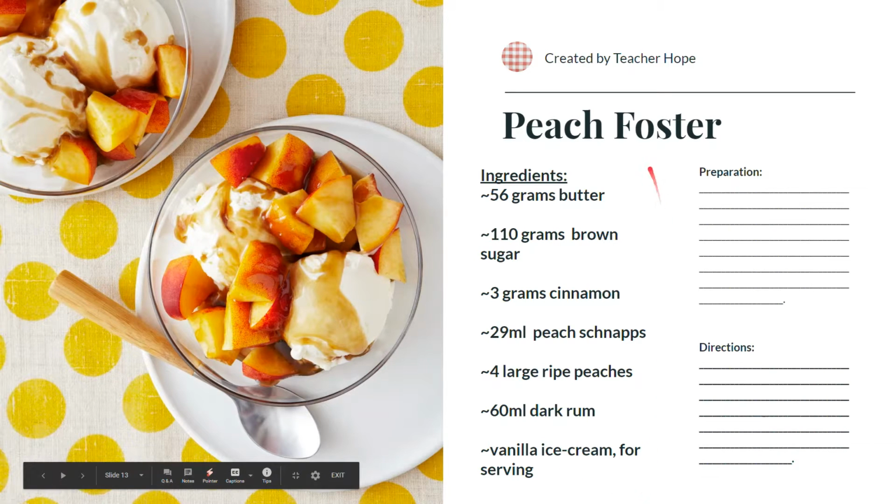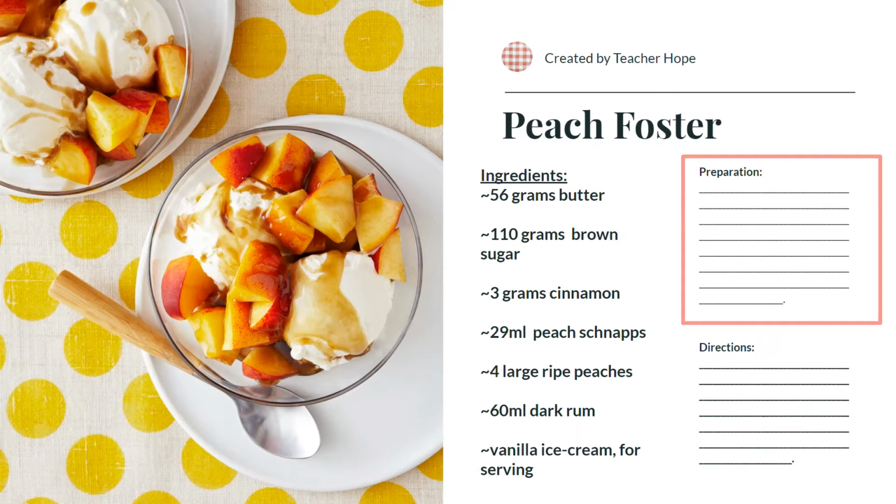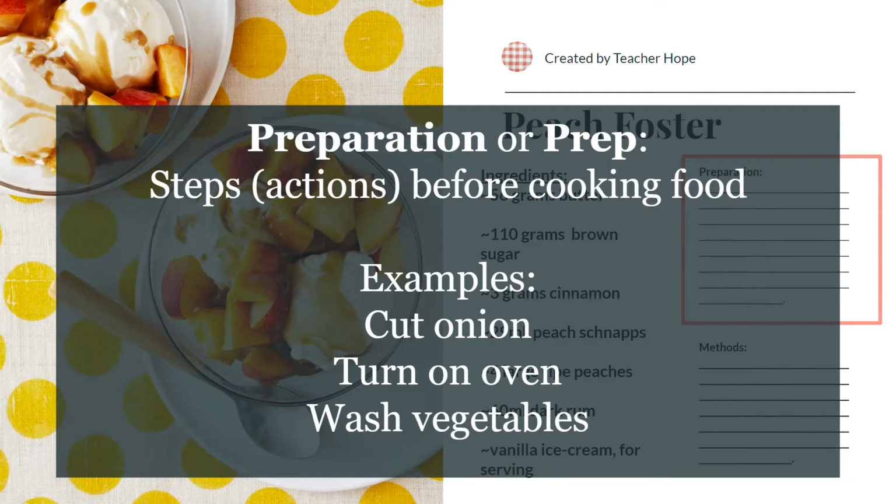So now that you know the ingredients for your comfort food, this is step 1 of a recipe. Now let's talk about step 2, the preparation. The preparation or prep are the steps and actions before cooking the food.